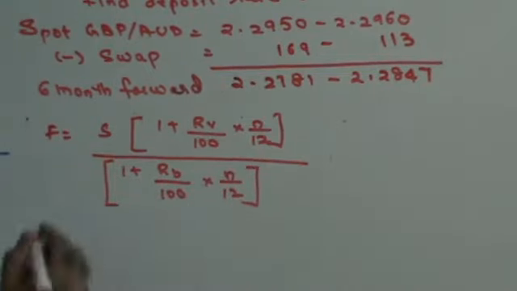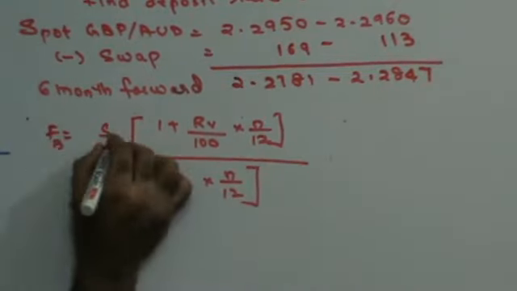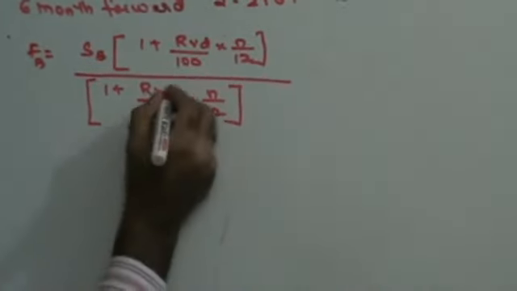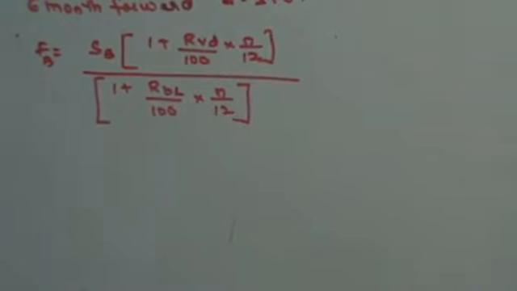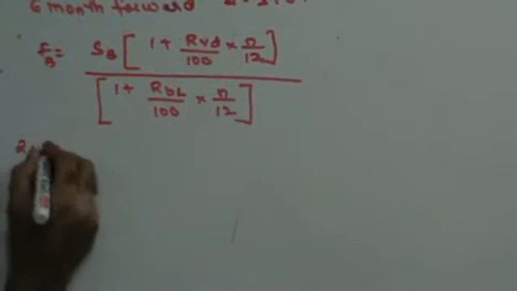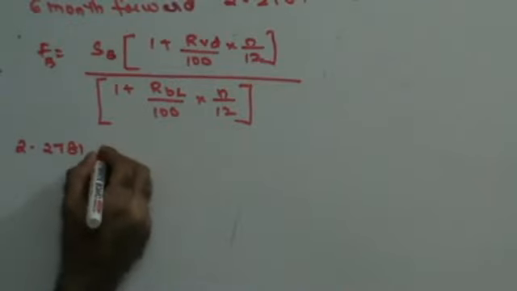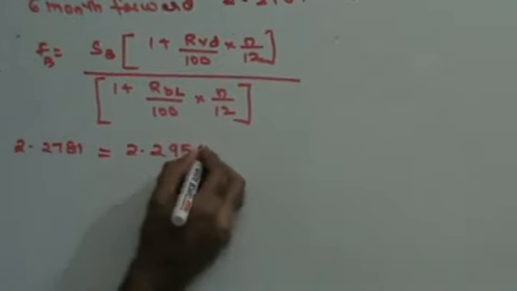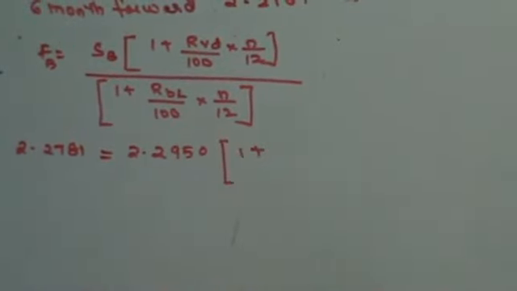Am I finding out bid or ask? If I take bid, then I have to take deposit rate of variable currency and lending rate of base currency. Now forward bid is 2.2781. Spot bid is 2.2950. 1 plus deposit rate of variable currency.